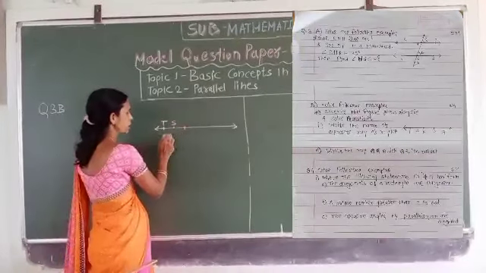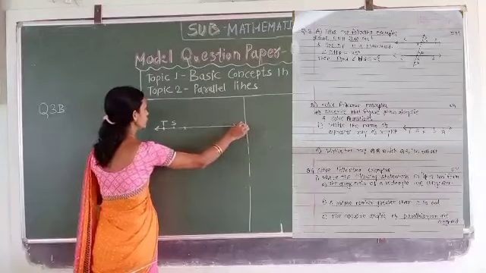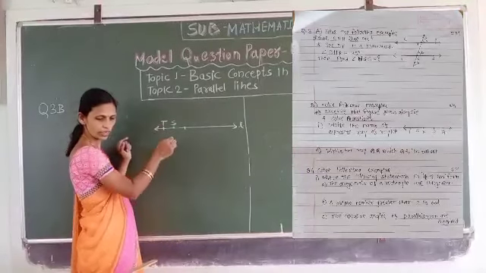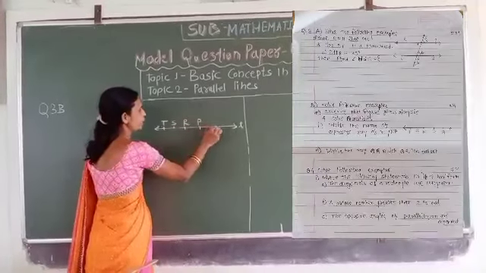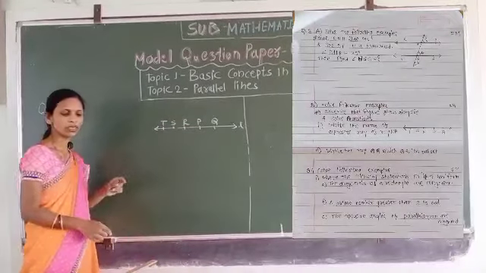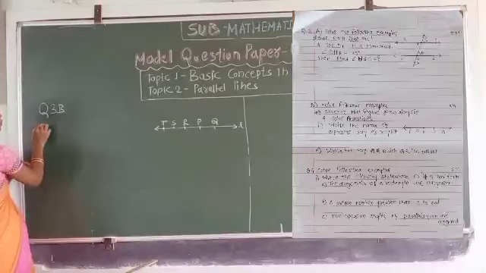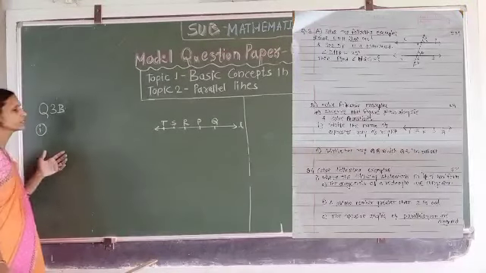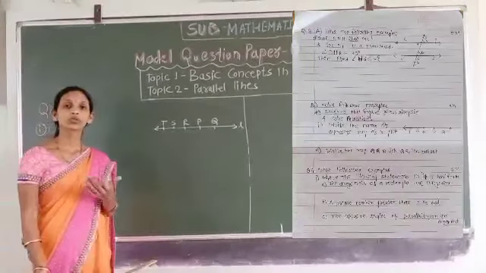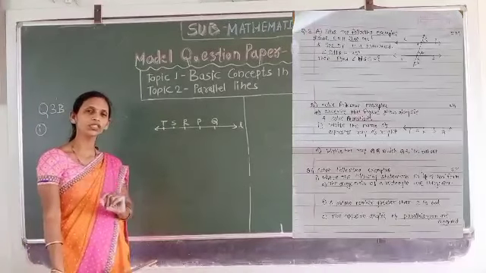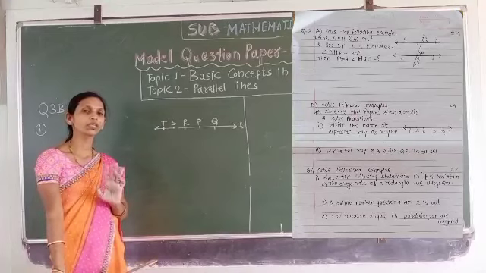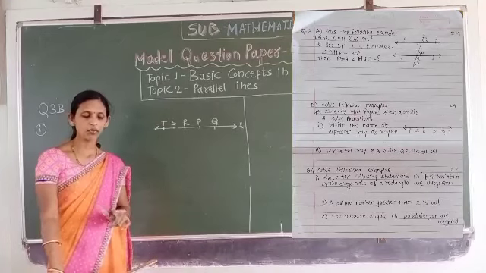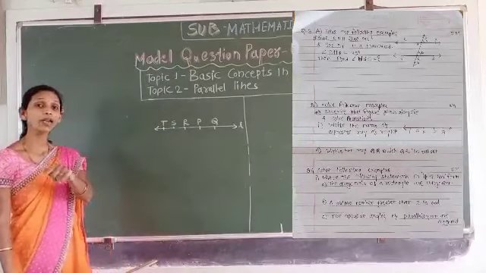Let's see the line L which is given here, and point T, point S, point R, point P and point Q. Then there are a few questions which we have to solve. The first sub question in question number 3b is to write the name of the opposite ray of ray RP.